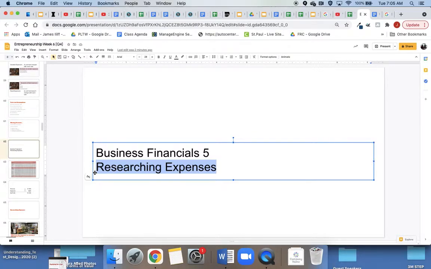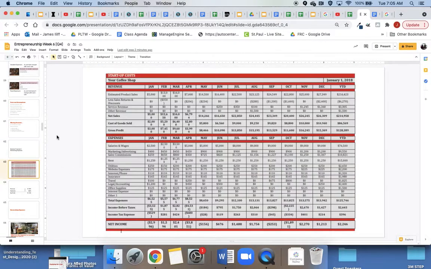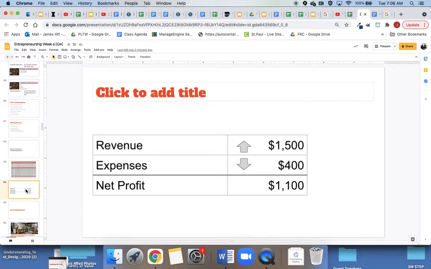So you want to start a business, but you don't know what the expenses are. And that's a problem because if we're trying to build a financial model like this, we have revenue here, we have expenses here, and then we take revenue minus expenses to get to net income. Well, if we don't know what all the expenses are, our financial model is not going to work. So that's really important.